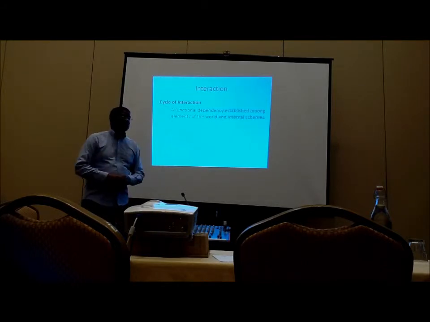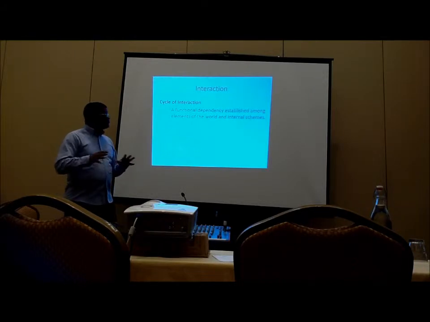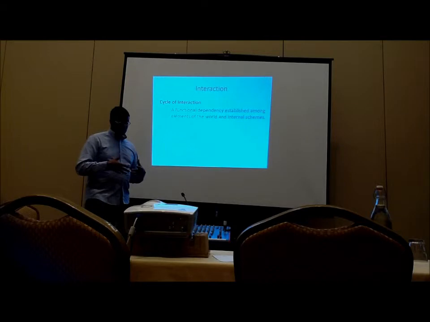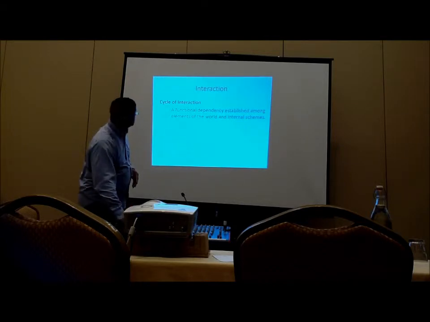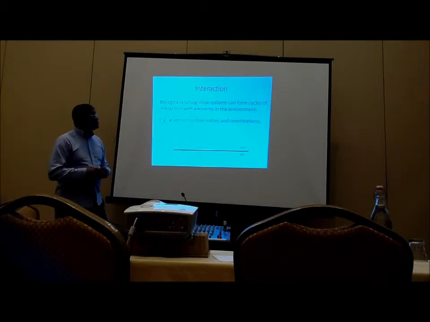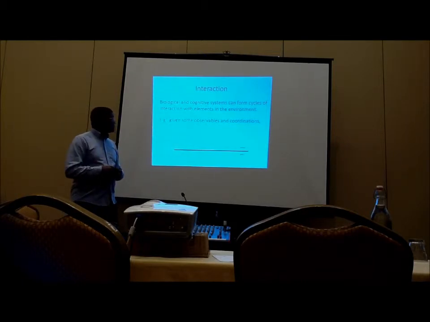So we talk about cycles of interaction. A cycle of interaction is a functional dependency established among elements of the world and internal schemes. So biological and cognitive systems can form cycles of interaction with elements in the environment.